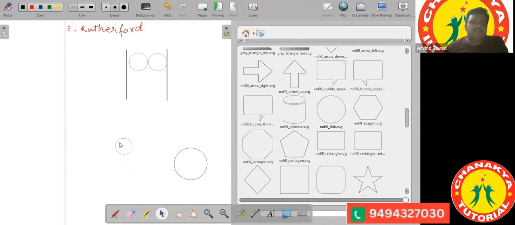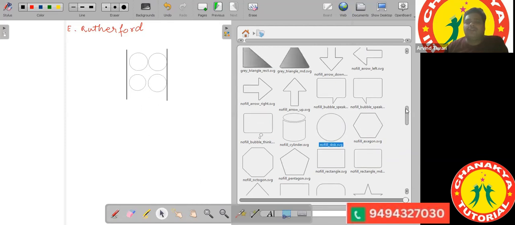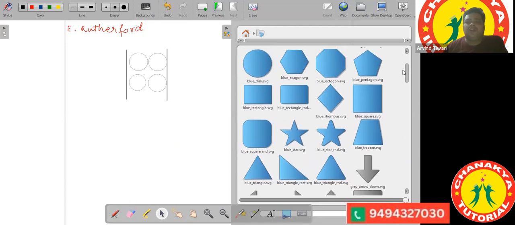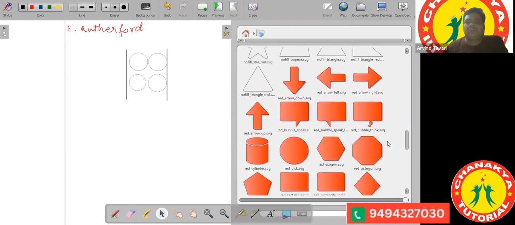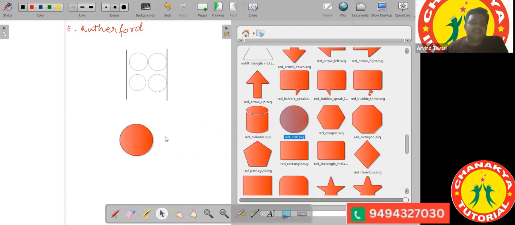But if you consider the same thing for J.J. Thomson, according to J.J. Thomson, as we discussed in the last class, the atom is a sphere of positive charge, and hence the alpha particles could not penetrate it.